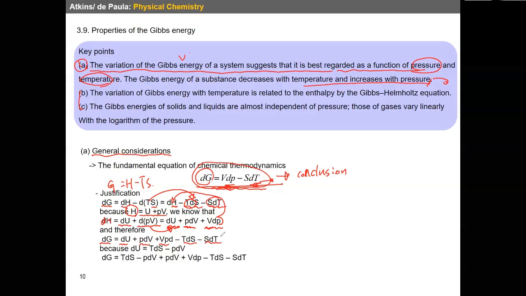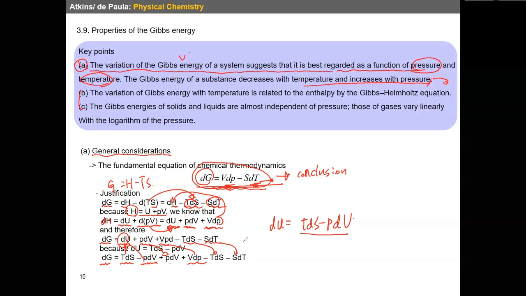But in our previous slide, we learned that dU equals TdS minus PdV, right? So we can put this here. Then we get dG equals TdS minus PdV plus PdV plus VdP minus TdS minus SdT.